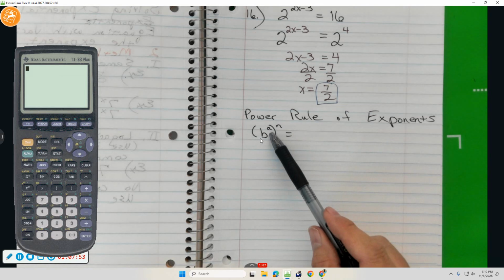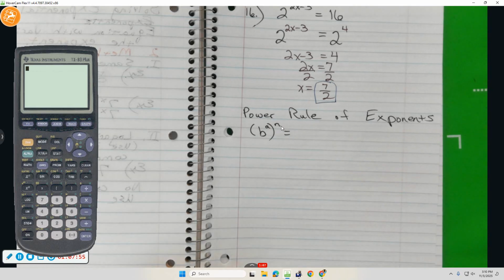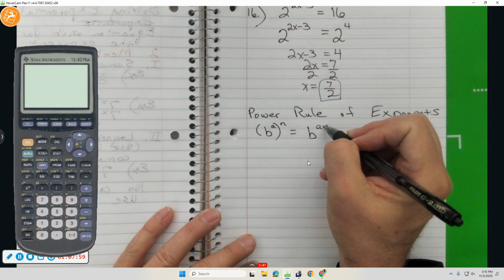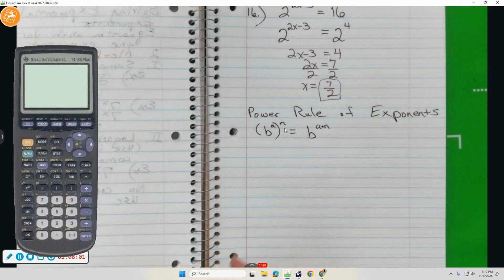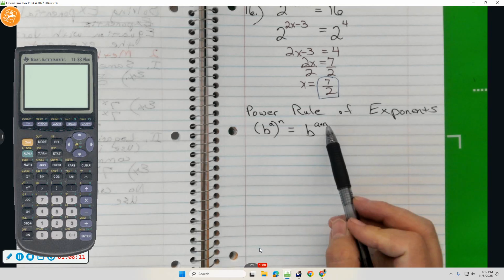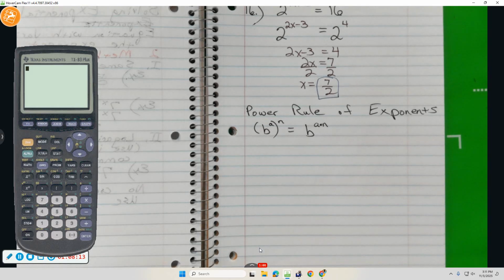If you have a power raised to a power, you multiply to write it as a single exponent, a times n. So you're getting rid of the parentheses. That's correct. And you multiply the exponents to do that. When you have a power raised to a power, you multiply the exponents.